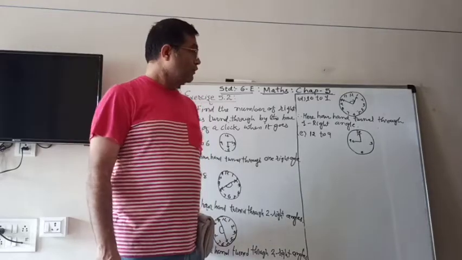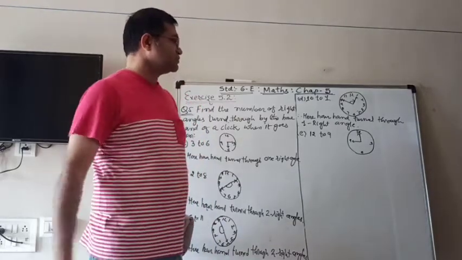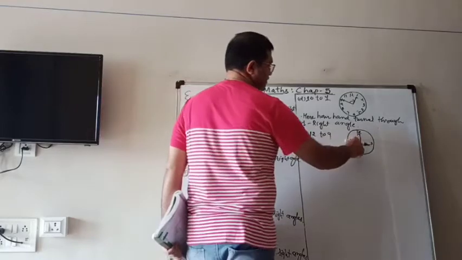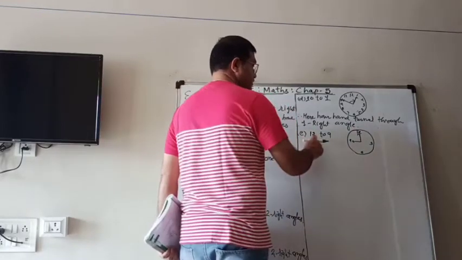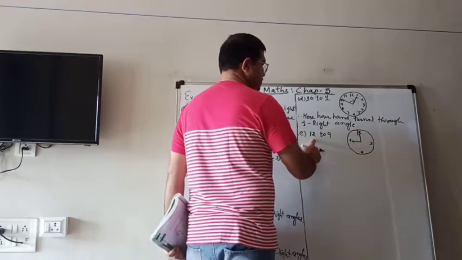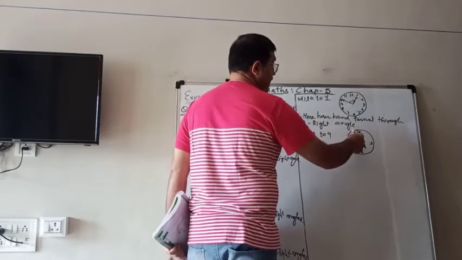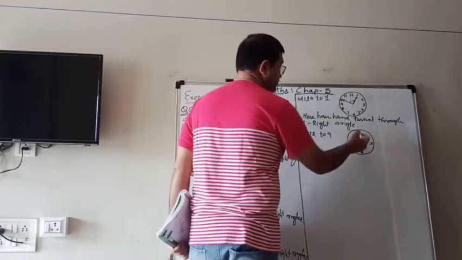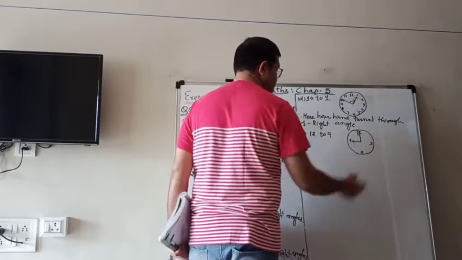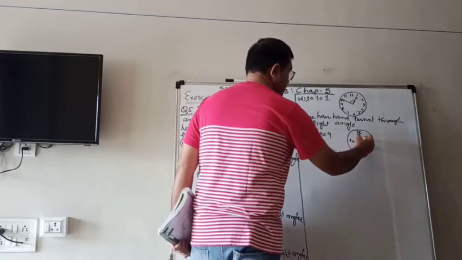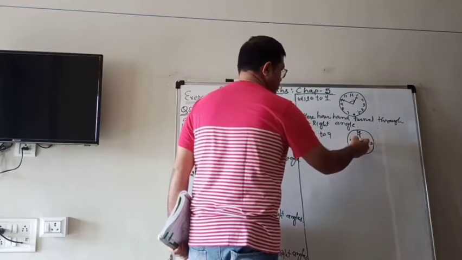You know why? Because they will see that there is a right angle here, one right angle. But the hand of the clock never moves anti-clockwise. So it can't move from 12 to 9 like that. It must go the long way around.